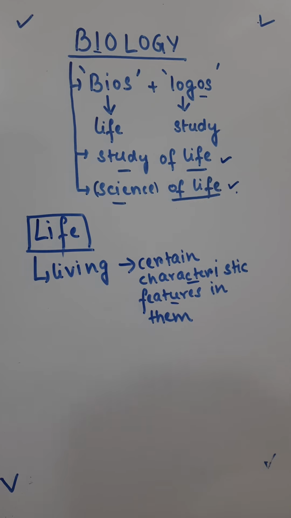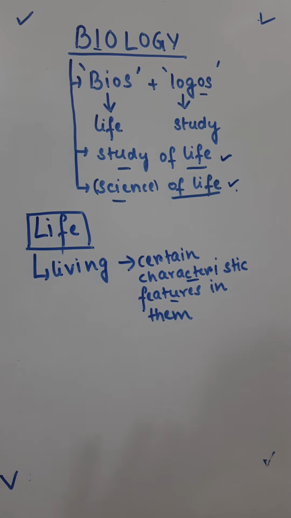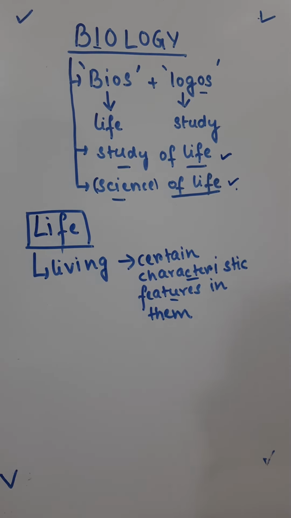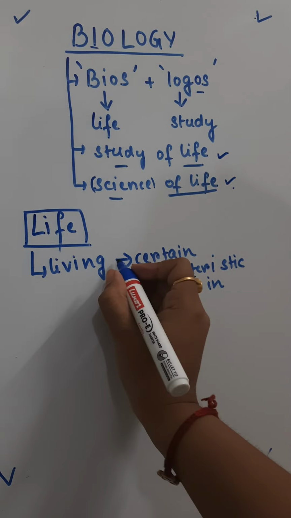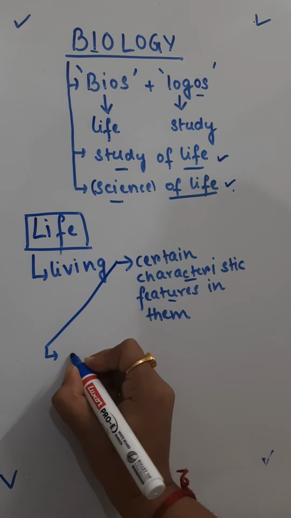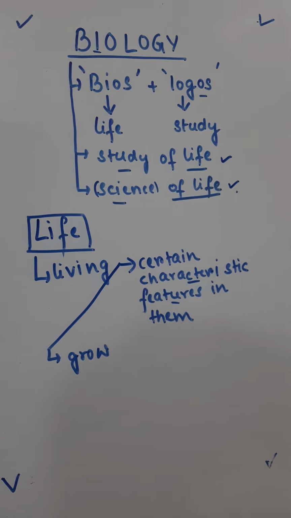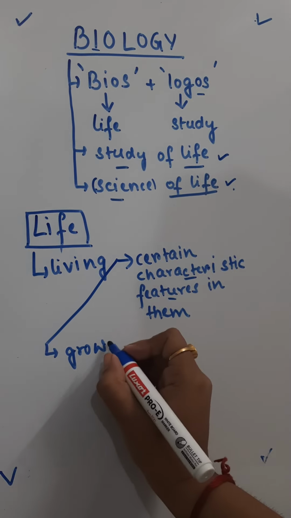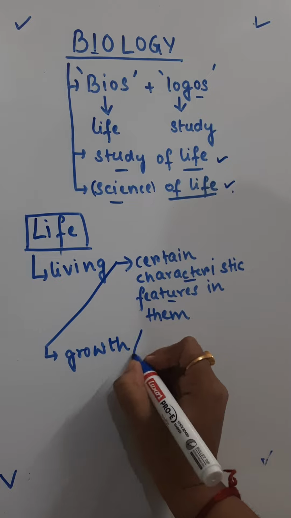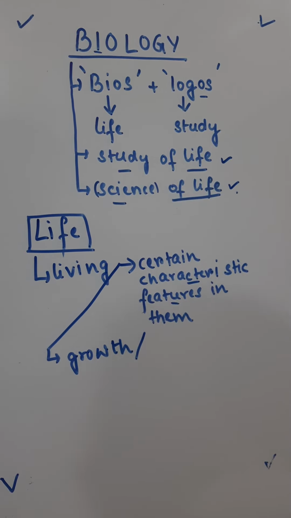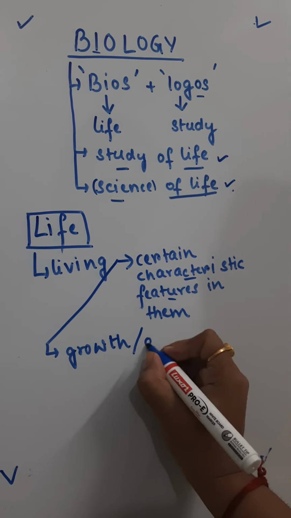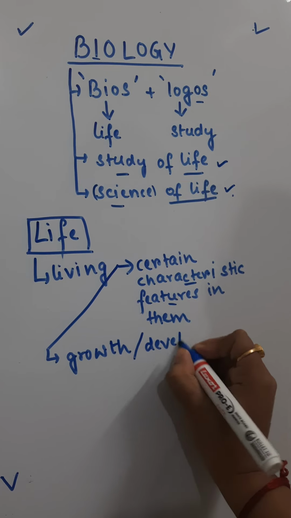And what are those characteristic features which are present in all living organisms? First of all, living organisms will grow. They will show growth. The second property is that they will show development.